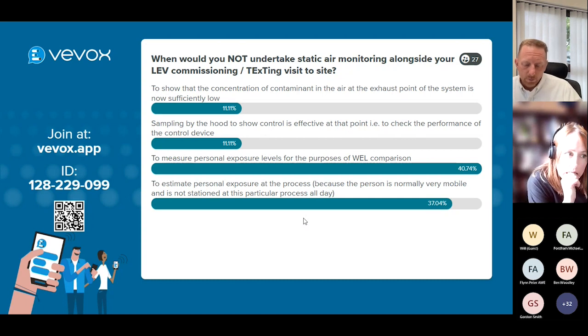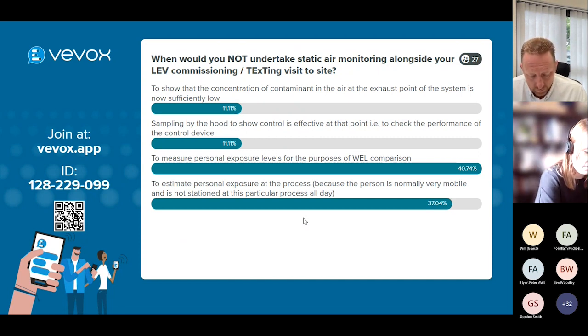I do think static monitoring is something we should be doing more of in routine testing, and I think in time it will be part of our tools, things we use to judge control. Exactly, it is a good tool. There's smoke and Tyndall and the like, but sampling can provide a very good tool to measure performance.